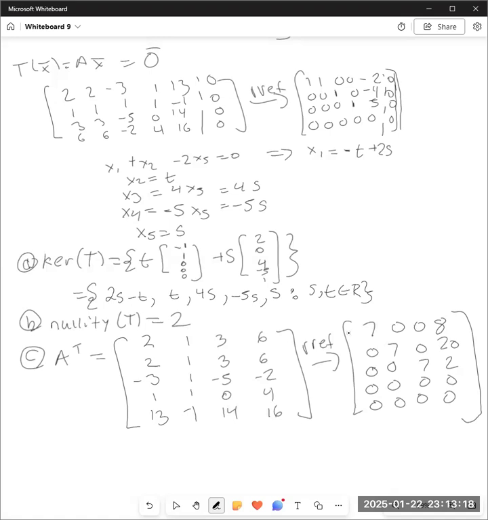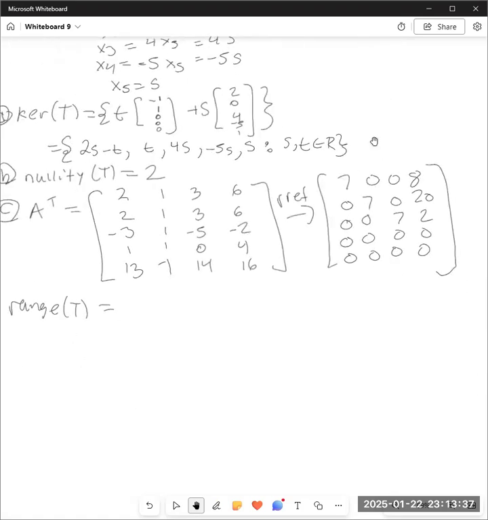Giving me a range of T that is, so this is 7x1 is equal to -8x4, 7x2 is equal to -20x4, and 7x3 is equal to -2x4, and x4 is going to be x4.